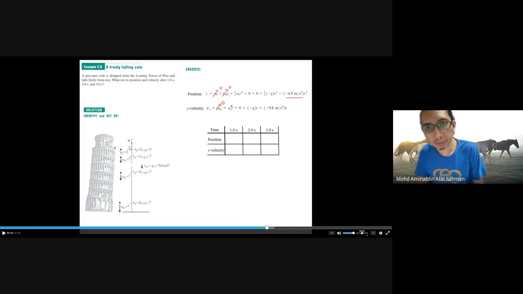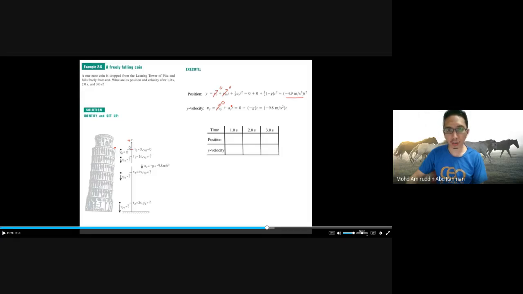To know that, we have v naught y, which is of course 0, and then we have a_y t. So we are using these two equations to obtain the position and y velocity.